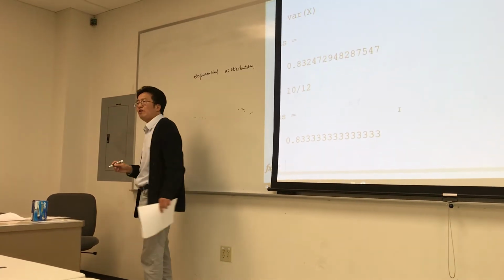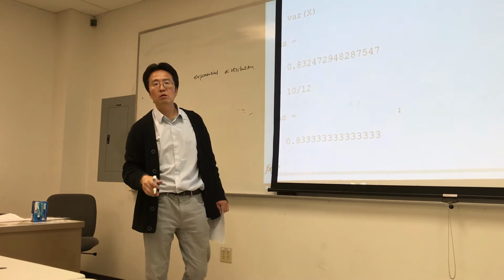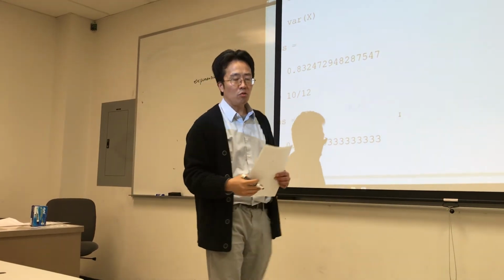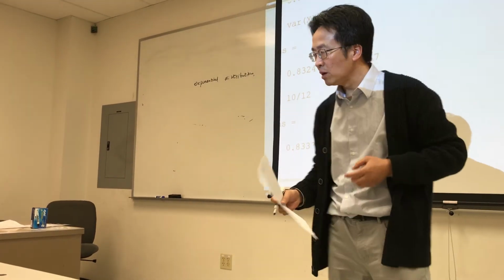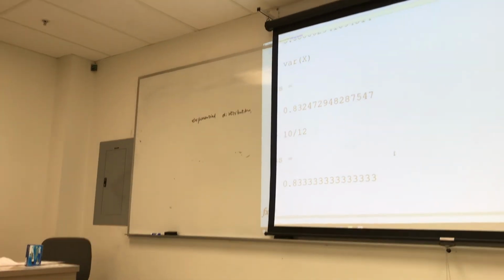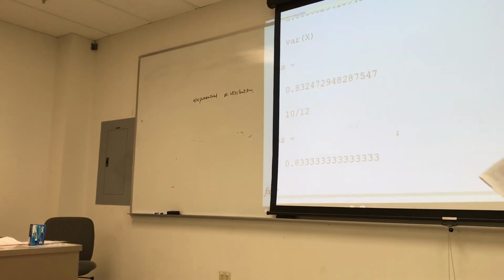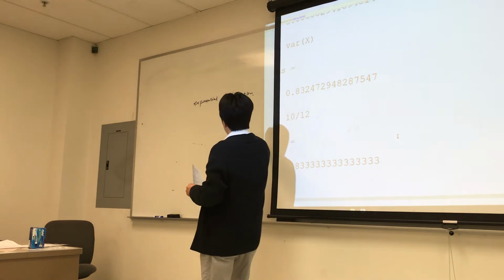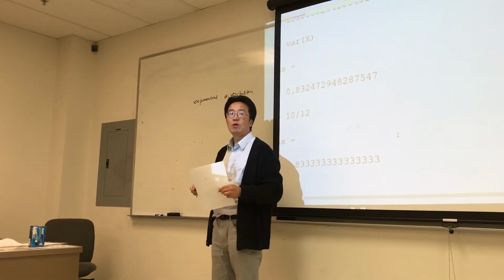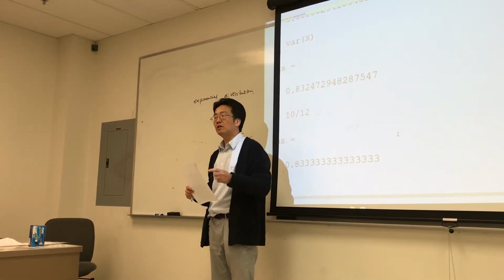The definition is very simple. You can consult your book. And here we also need to pay attention: the key is how can we generate random variables that follow this so-called exponential distribution. The idea is like this.